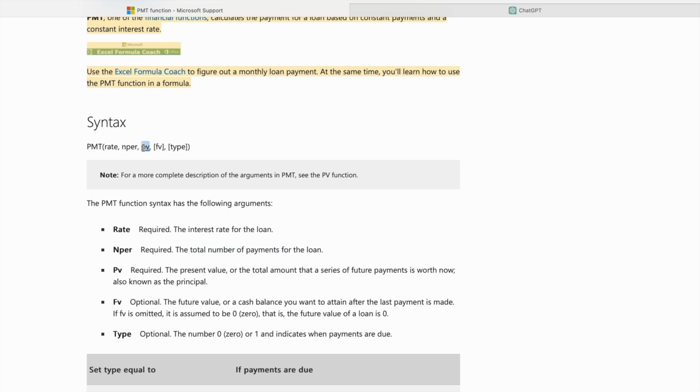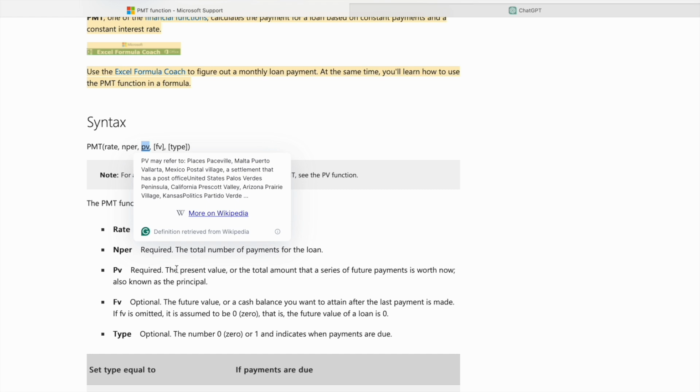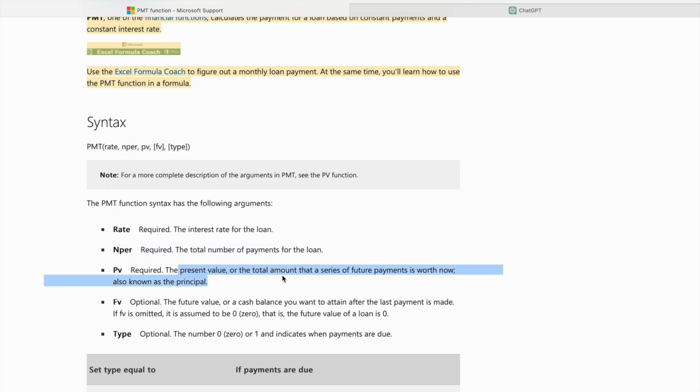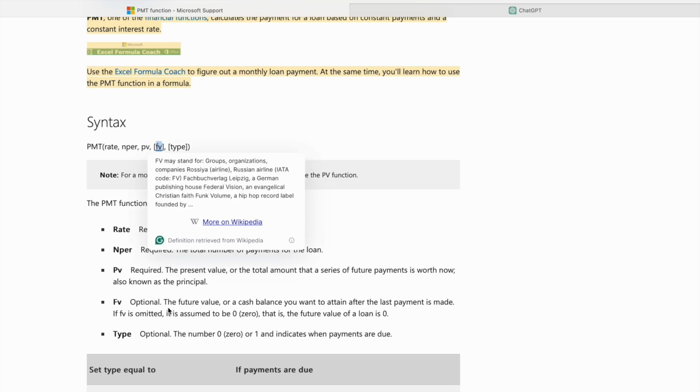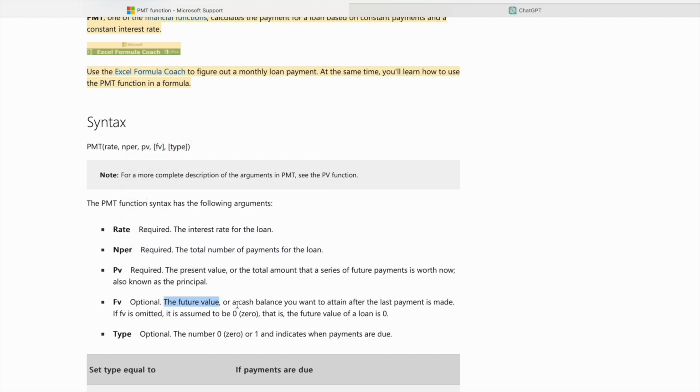We have PV, which is present value, or the total amount that a series of future payments is worth now. Then we have FV, which means the future value, or a cash balance you want to attain after the last payment is made.